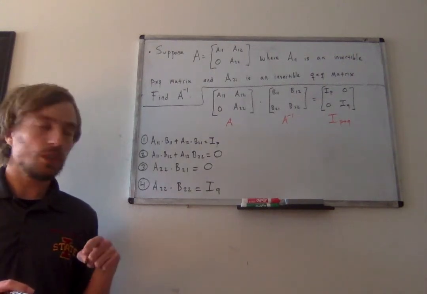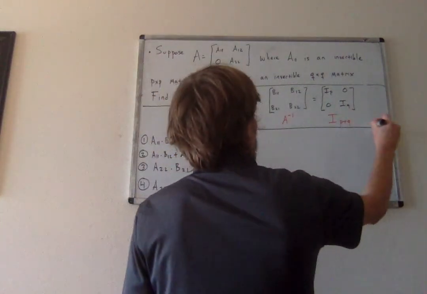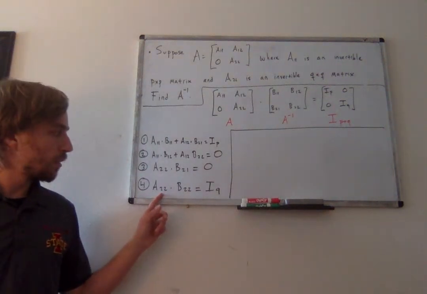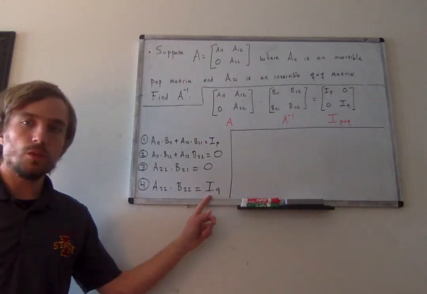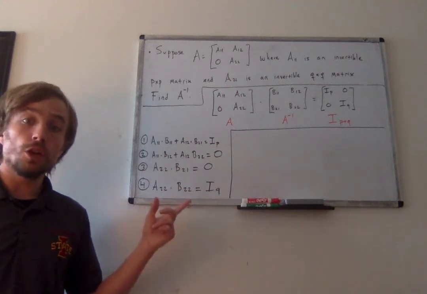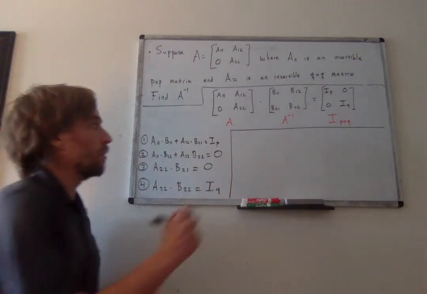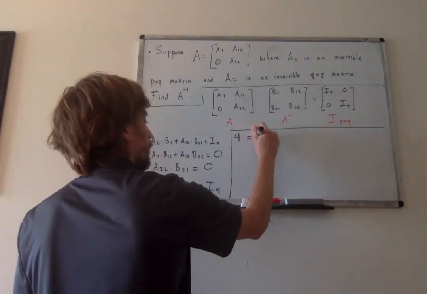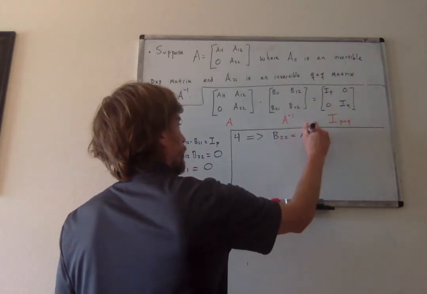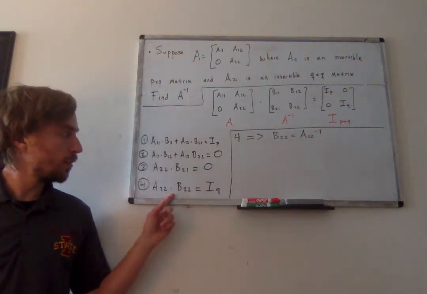For this, we're actually going to want to start at the bottom. So notice that since A22 is invertible, and A22 times B22 is equal to the Q by Q identity matrix, the invertible matrix theorem tells us that B22 has to equal A22 inverse. So we've solved for one of our matrices already.